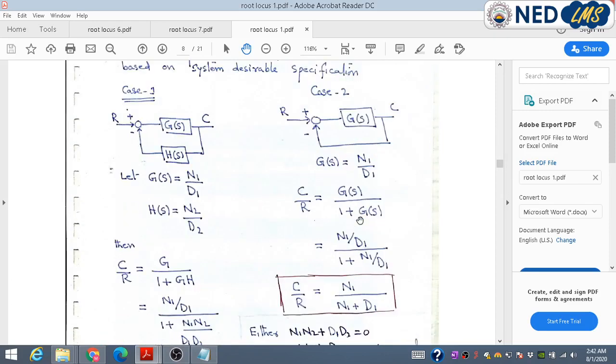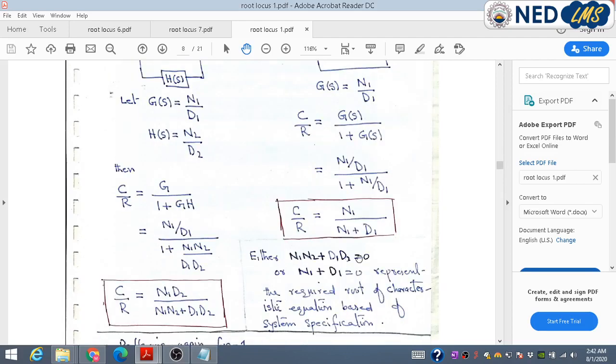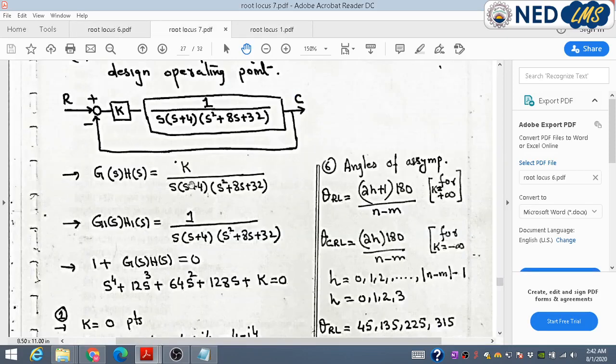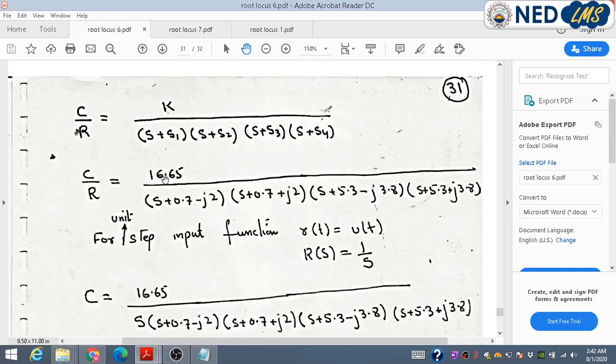N1 is basically the numerator of G(s), and N1 plus D1 is the system characteristic equation. So in our case we have k in the numerator, and the value of k comes out to be 16.65, and in the denominator I have placed all the roots which we have found with respect to the given specification.